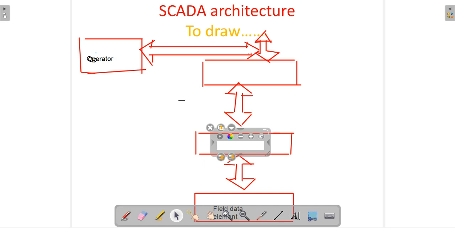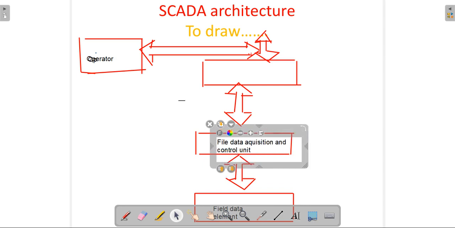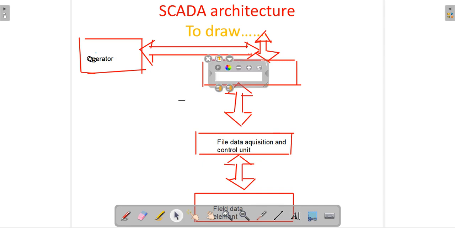This is the field data acquisition and control unit. Please note down these things: field data acquisition and control unit, this one. And then we have the central control station here. So this is the central control station.